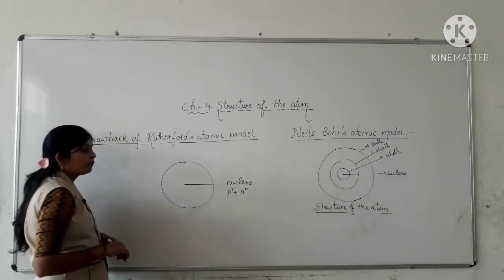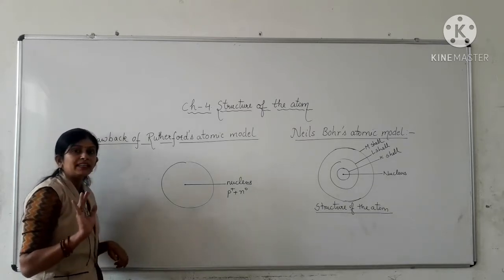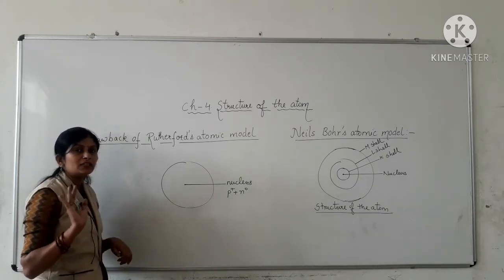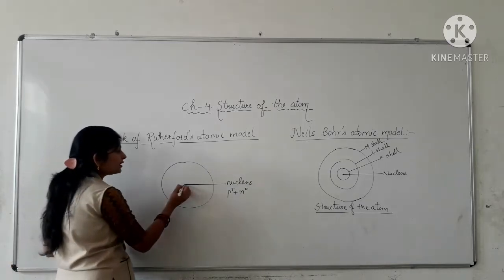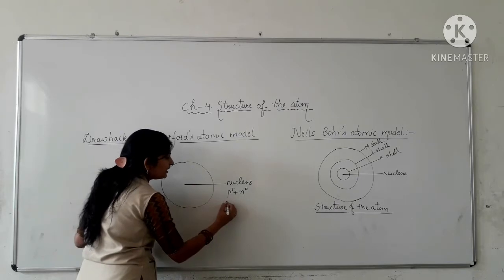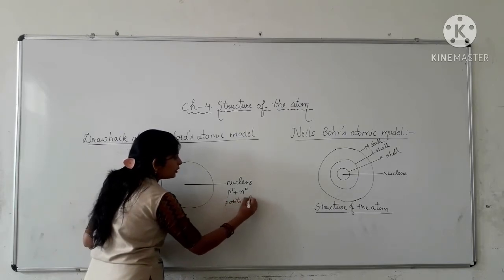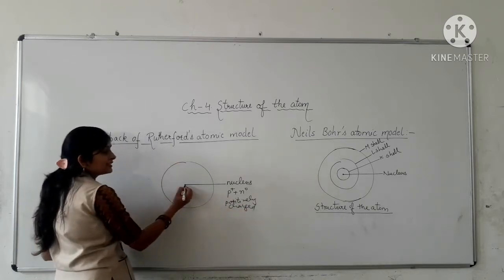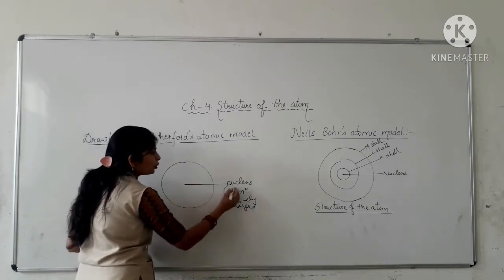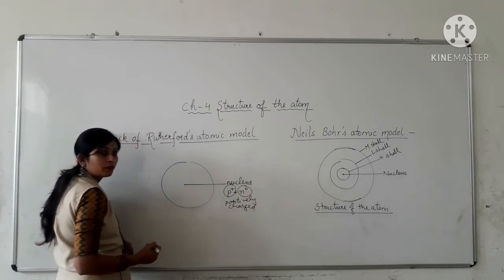Okay. Now, by these postulates, by this model, you can easily estimate that this nucleus is positively charged. How is that? Because this nucleus contains protons and neutrons.